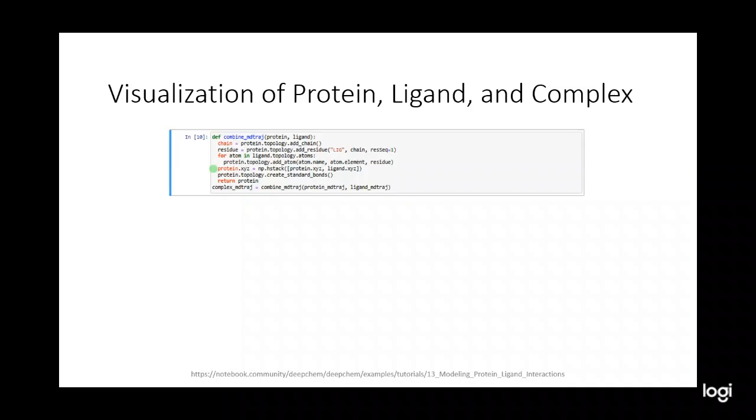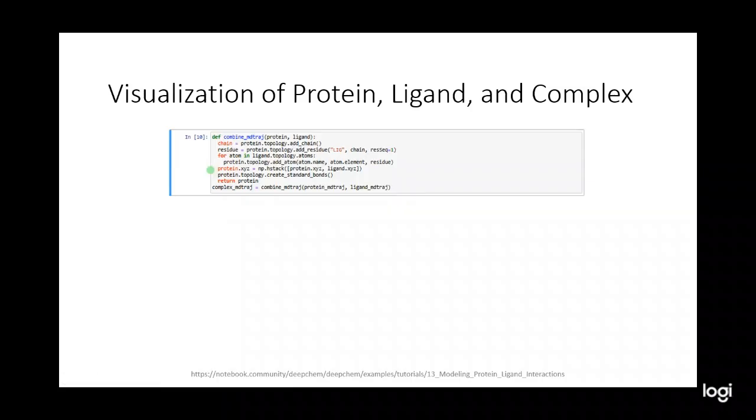In this case, both protein.xyz and ligand.xyz have the shape n number of atoms, 3 fields, xyz coordinates. So when we horizontally stack them, the result will be an array with the shape n number of atoms and 6 fields, xyz for protein and xyz for ligand.